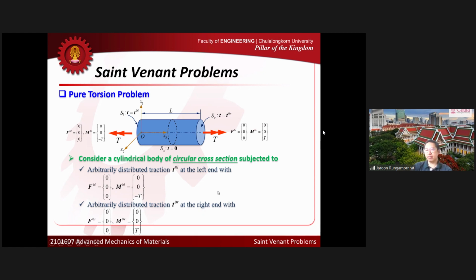But here we try to investigate the same problem again in the context of solid mechanics. I don't know exactly whether the solution is going to be the same or different, because we look at the problem based on a different kind of governing equation.